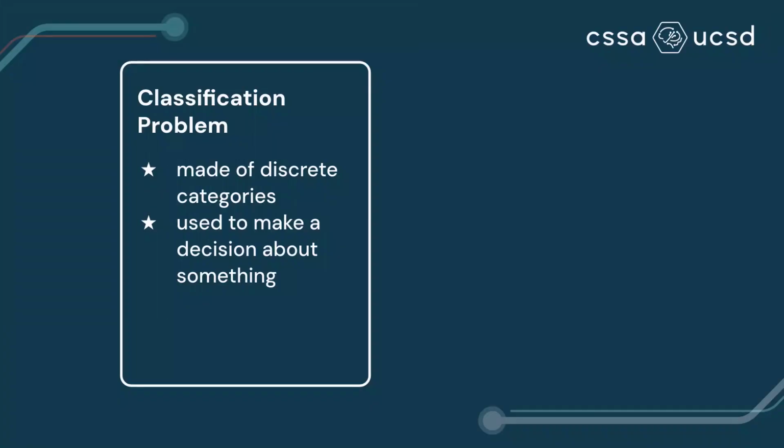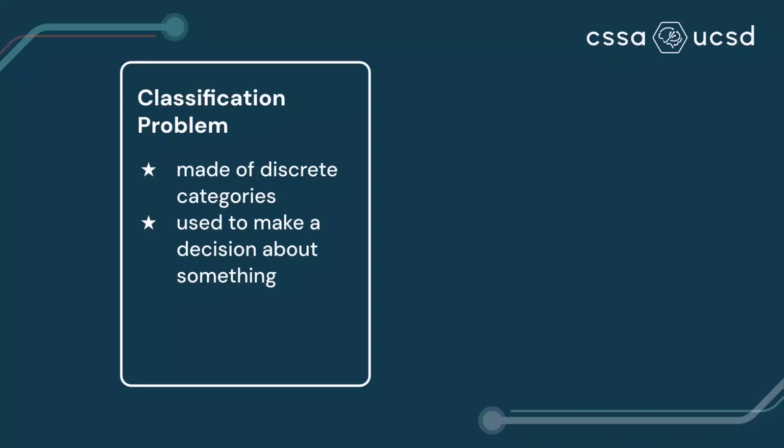So, let's cover a few problems that machine learning attempts to solve. The first one is the classification problem. These are made of discrete categories. Who wants to tell me what discrete categories are? Yes.